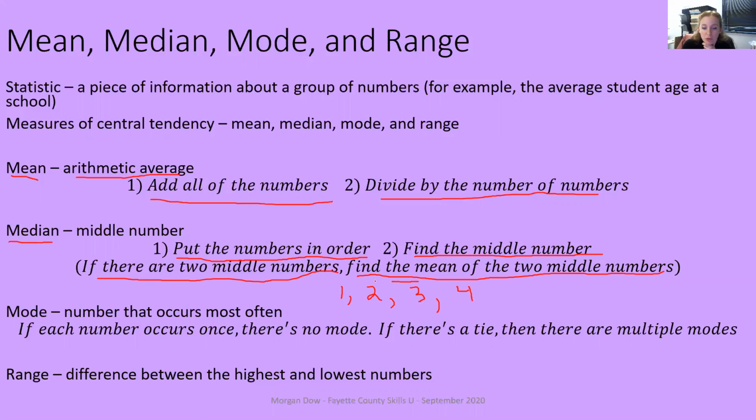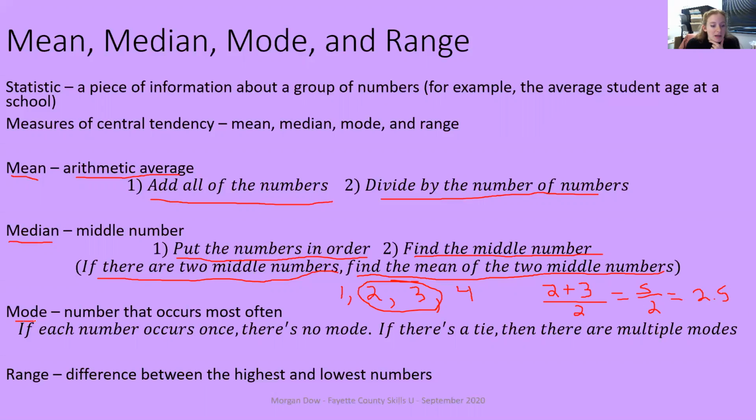Well, here, 2 and 3 are sharing the middle. And so to find the actual median, we would pick the number that's exactly in the middle of 2 and 3, and it's 2.5. But if you weren't sure, you would add up the numbers, find the mean, and divide by the number of numbers. So you'd get 5 divided by 2, which is 2.5.